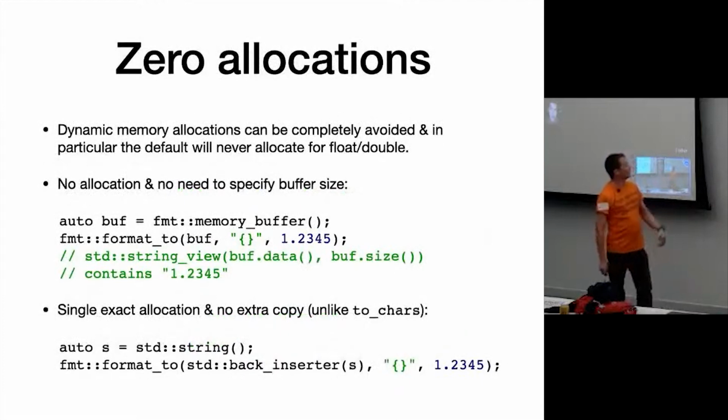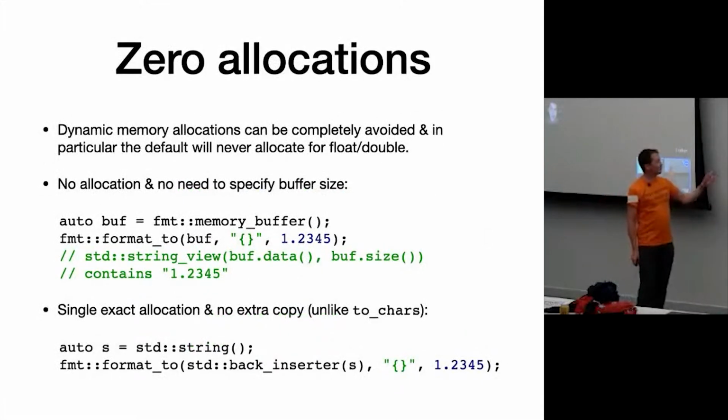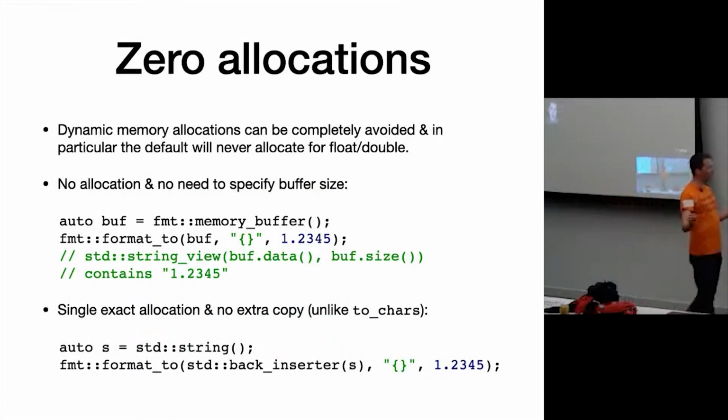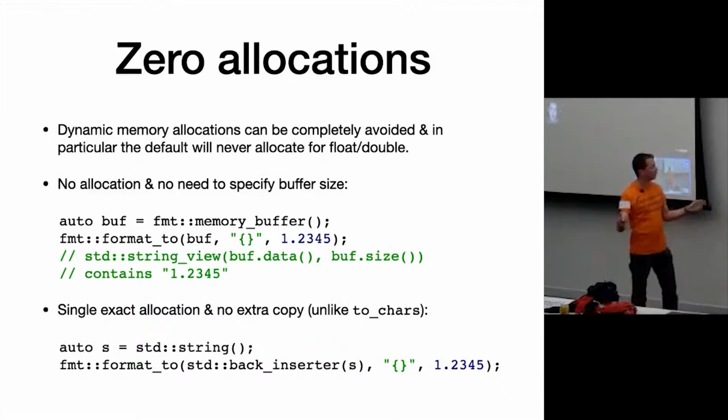Zero allocations, so you can completely avoid allocations. For example, for the default, you actually know what's the largest possible size. You can allocate a buffer big enough right there. You can use FMT memory buffer, which reserves points for allocation by default, but can grow bigger if your output size is bigger than expected.